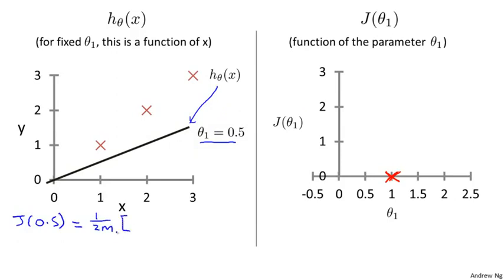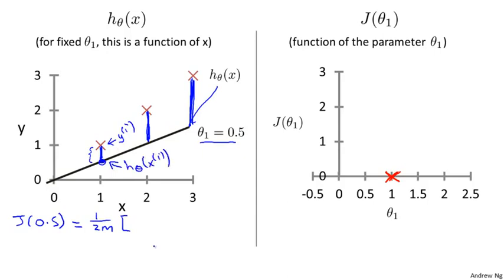It turns out that the cost function is going to be the sum of squared values of the height of this line, plus the sum of squared of the height of that line, plus the sum of squared of the height of that line, right? Because this vertical distance is the difference between y(i) and the predicted value h of x(i).